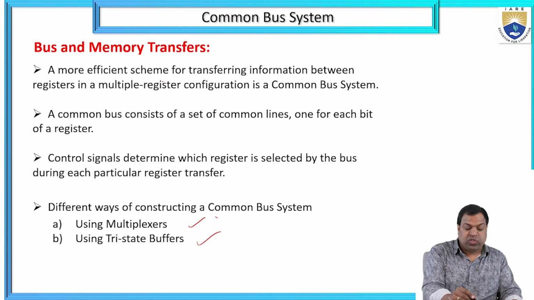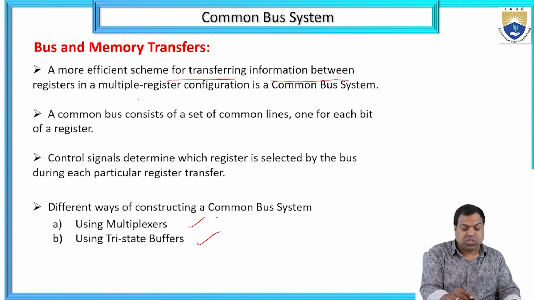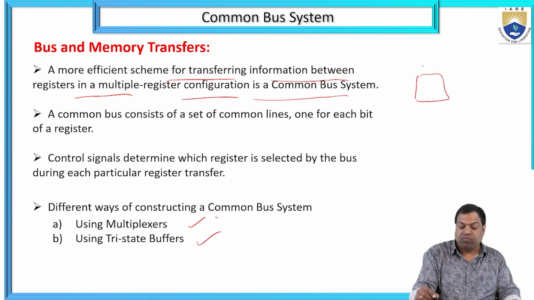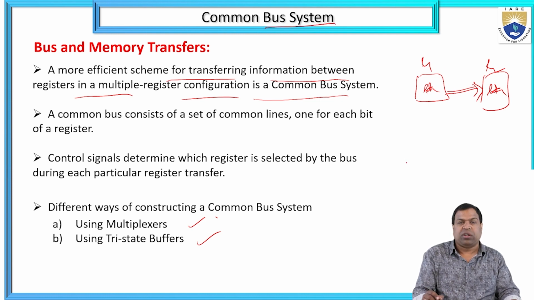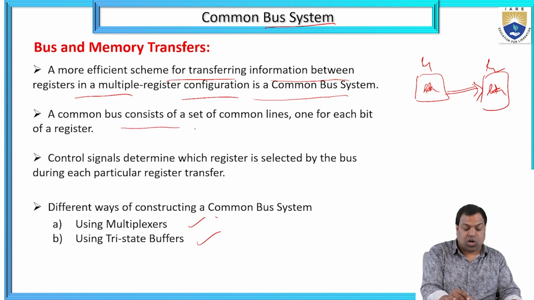A more efficient scheme for transferring information between registers in a multiple register configuration. Suppose the R1 register has the data and I am sending it to the R2 register. How do we transfer the data from R1 to R2? It is possible only through the bus system. The way to transfer is a common bus system.